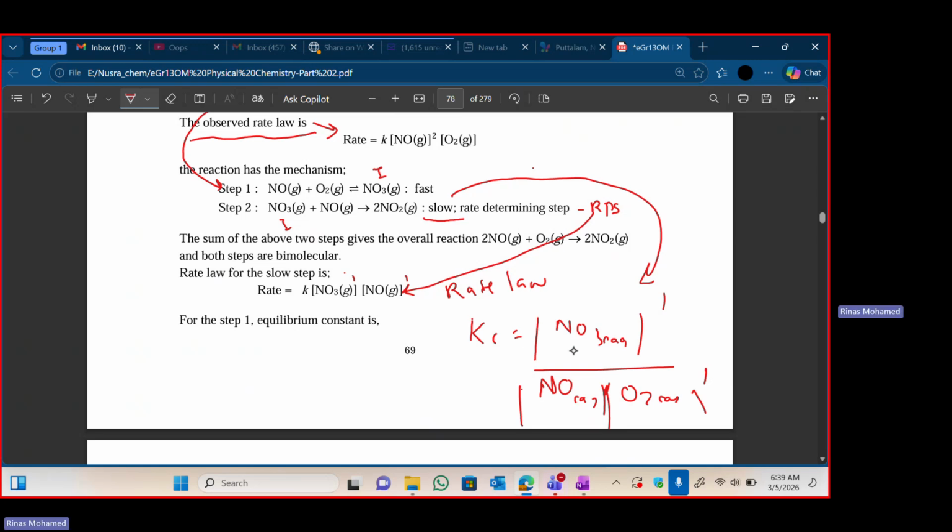Then instead of NO3, I can replace it with Kc into NO gas concentration multiplied by O2 gas concentration.